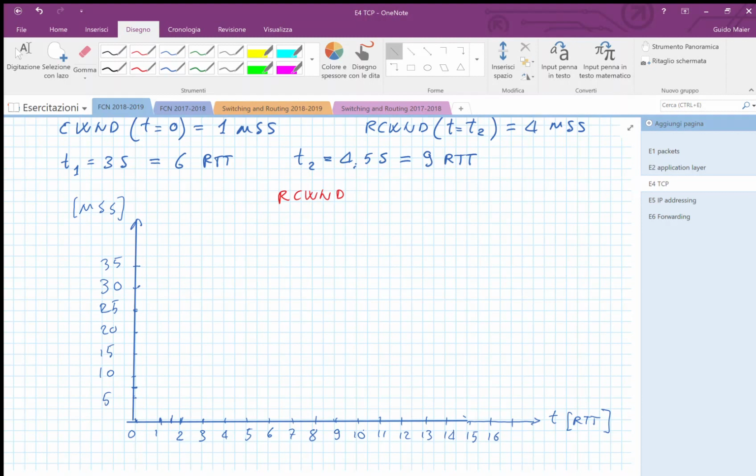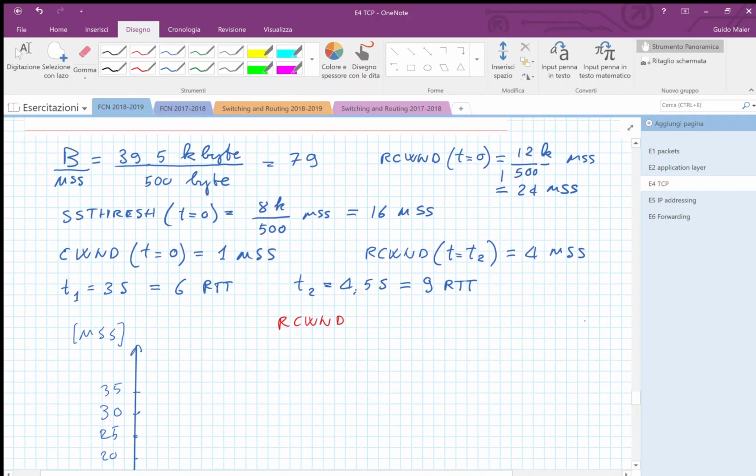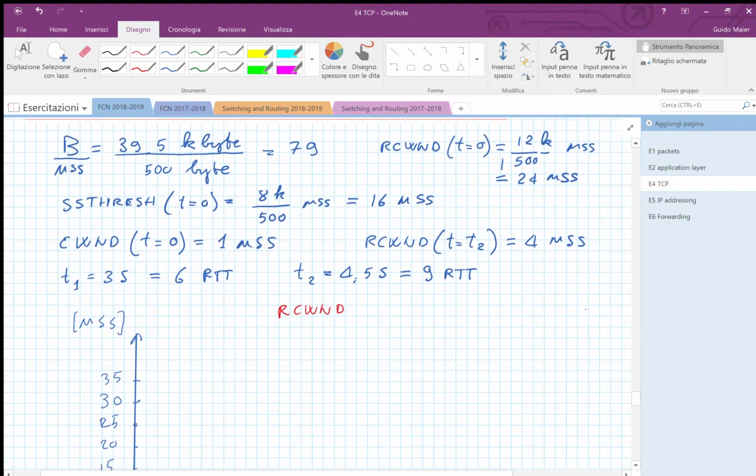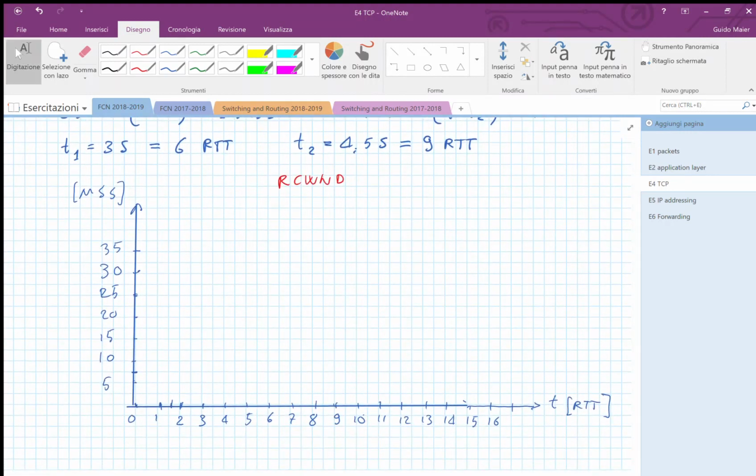Initially, the receive window is set at 24 maximum segment size, and then at time t equal to 2 it goes to 4 maximum segment size. Time equal t2 is this one, at 9 round trip times. So we can draw a first line.